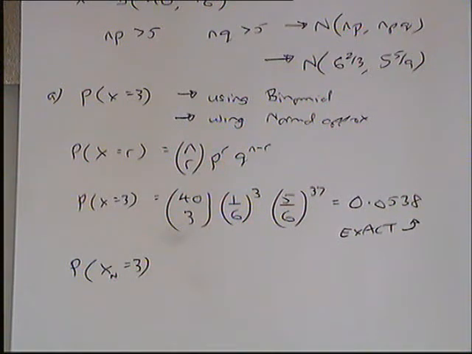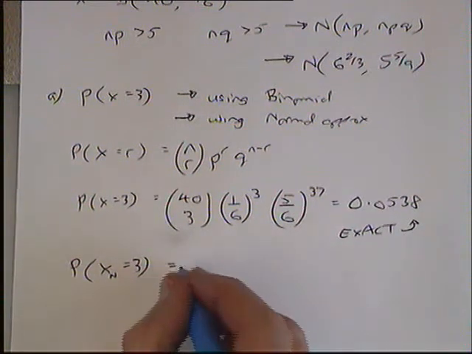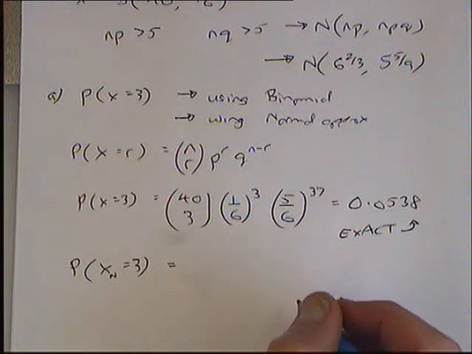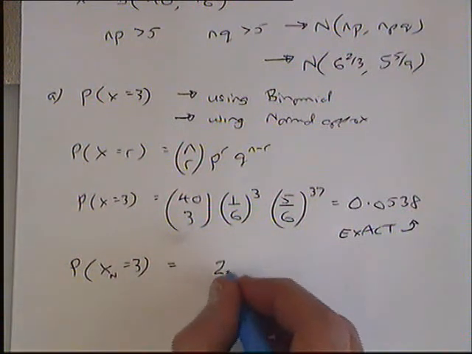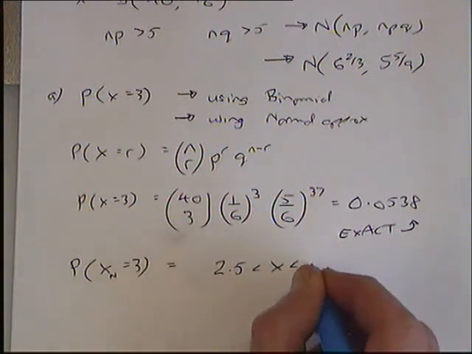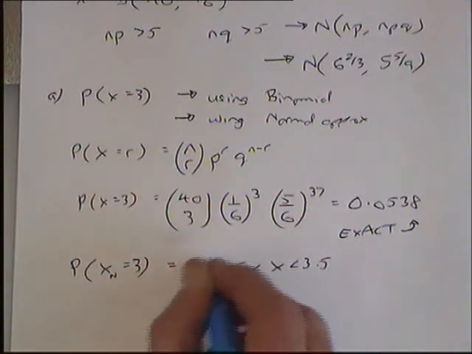If you're asking what's the probability that x equals any specific value in the normal distribution, what is your answer always? 0. So that isn't helpful. So we have to pretend, if you like, or imagine that 3 goes between what values? Where does 3 start and where does 3 finish? 2.5 to 3.5. That is really what we are doing.